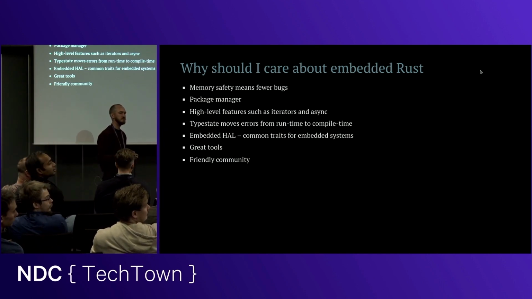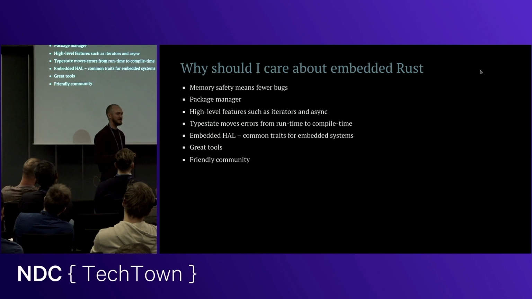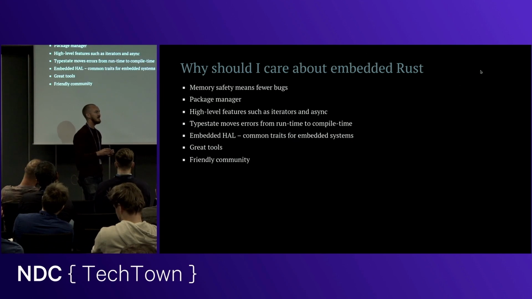How does Rust deal with interrupts? Because I guess that becomes a problem with your memory. Interrupts are challenging because you need some kind of global mutable state. There are many different ways of dealing with that, but the key is you have to encapsulate the global state in something a bit safer.